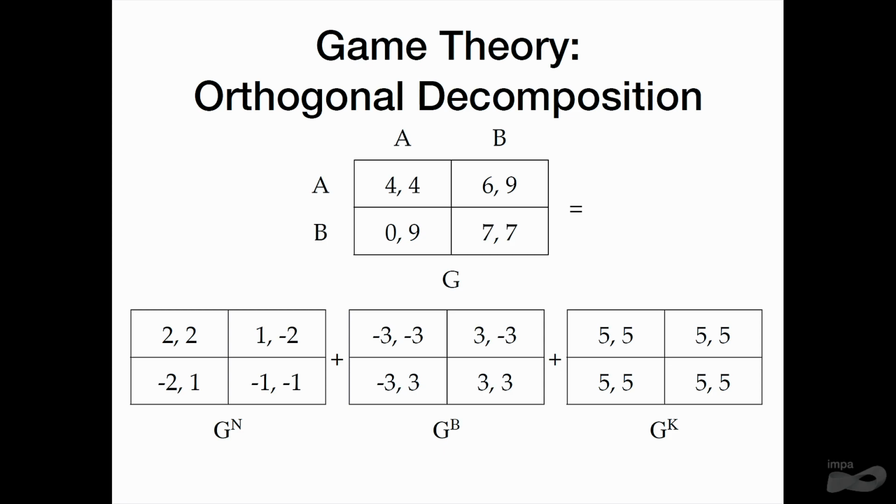Now, the Nash equilibrium is all about unilateral deviations, right? So here, 2 is better than -2. There's unilateral deviation structure in this component. Over here, there's not. -3, -3. How would I choose between those? I don't care. I'm going to get -3 either way.